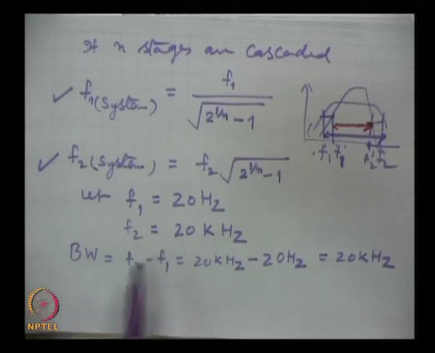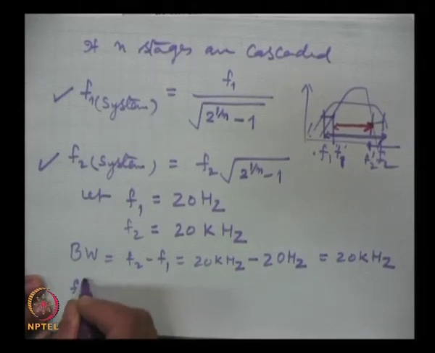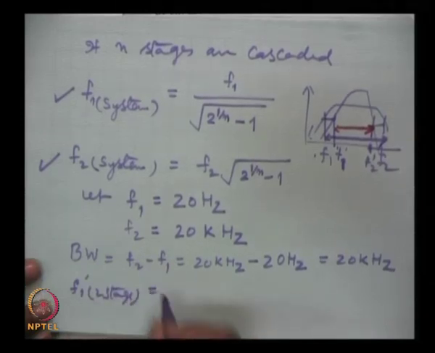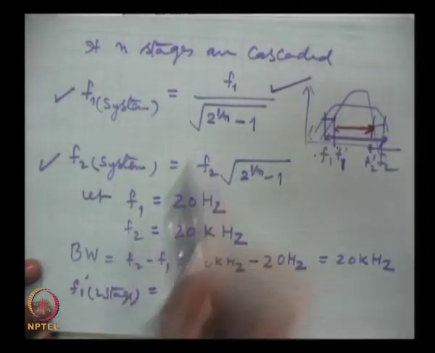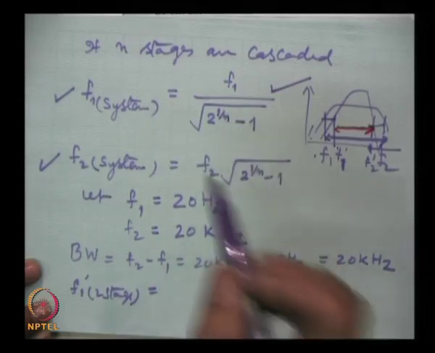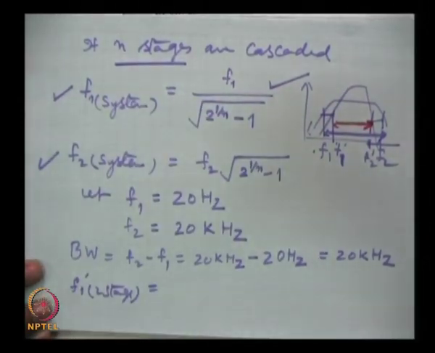Now, suppose two stages are cascaded, then f1 for the two stage amplifier from this expression, 1 by n becomes equal to 1 by 2, because n is the number of stages.